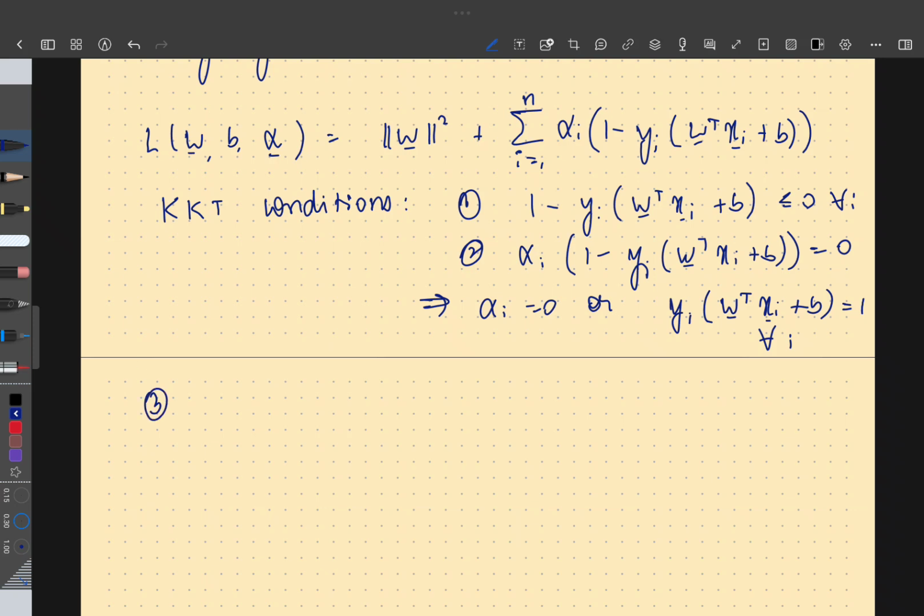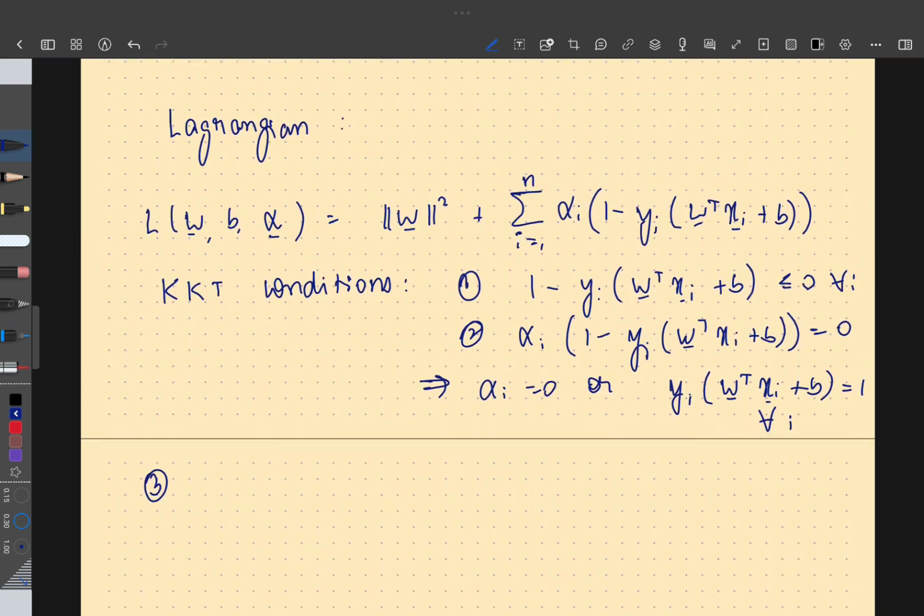The third constraint is that the gradient should be equal to 0. Question? The labels yi are the -1. They're all +1 or -1. If it's 0, then it's impossible to get that.